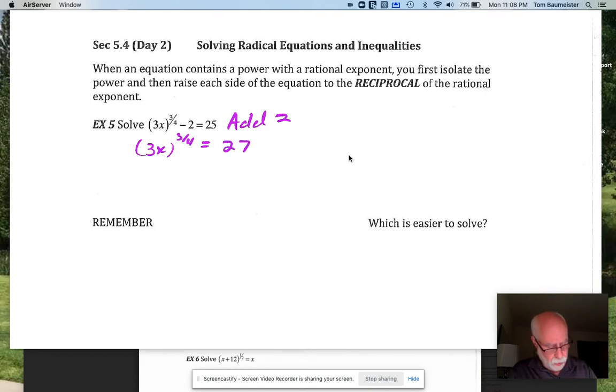So now we're going to raise each side to the reciprocal of 3/4, or to the 4/3 power.